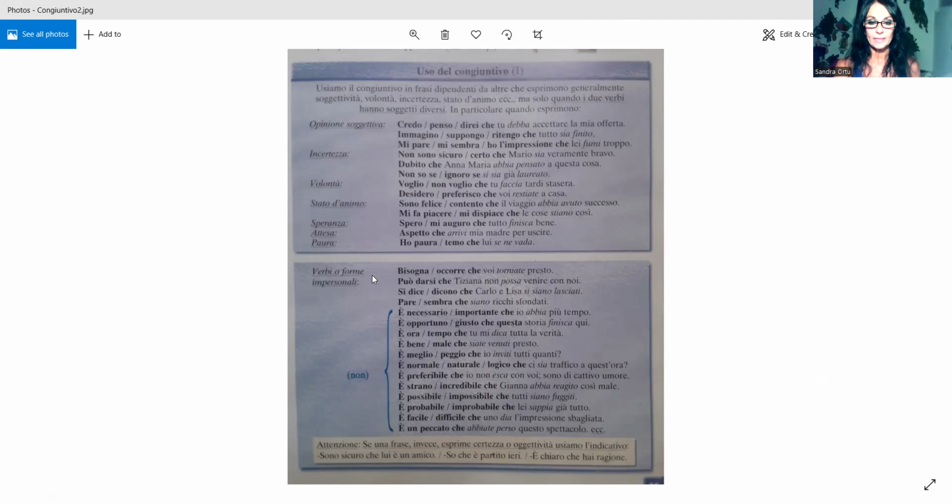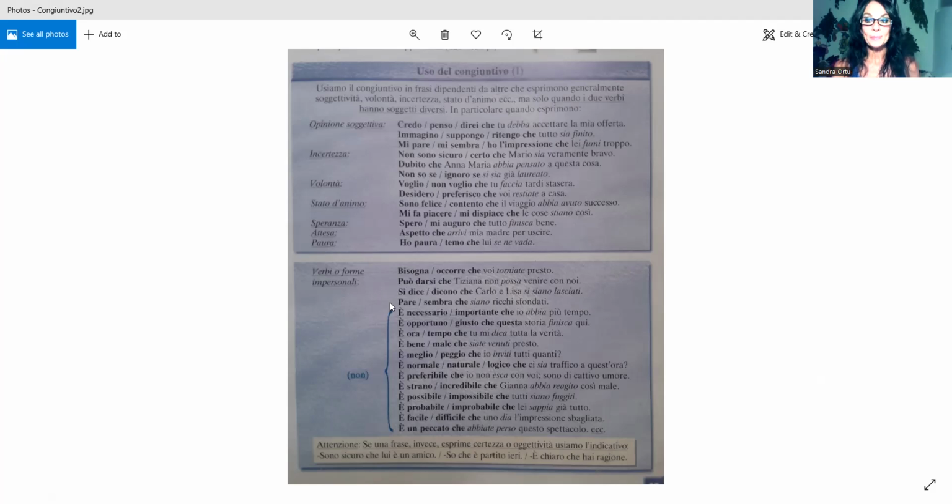So we have bisogna o occorre che, meaning it is needed, it is necessary that. Può darsi che, può darsi can't really be translated literally. Può darsi che means it could be that, si dice o dicono che, they say, or it is said.